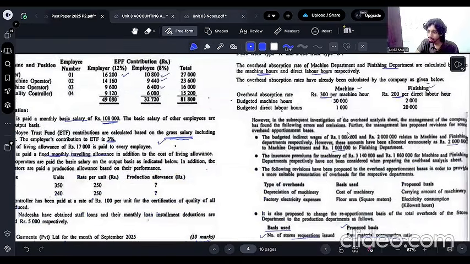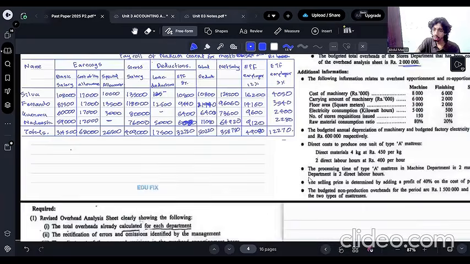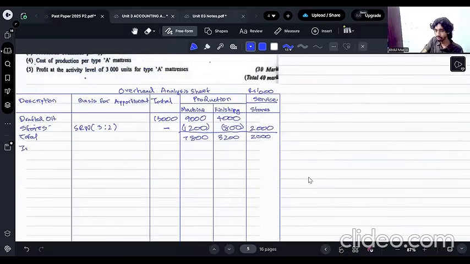The budgeted indirect wage of 1,000 and 2,000 for machine and finishing department, they have recorded as 2,000 and 1,000. So remove 1,000 from the machine department and add it to the finishing department. So you can say indirect wage: you are removing 1,000 from machine department and putting it to finishing department.